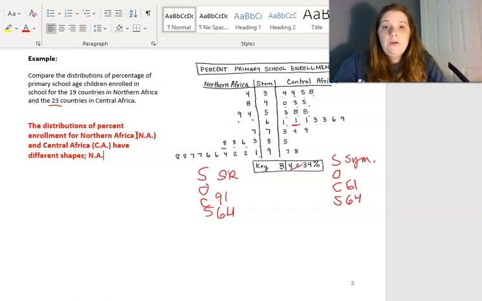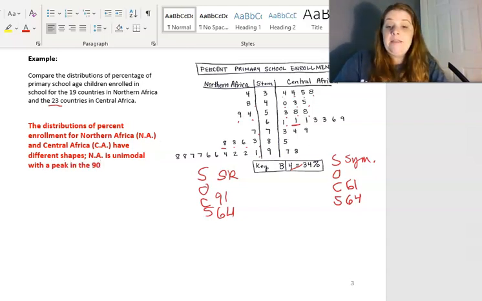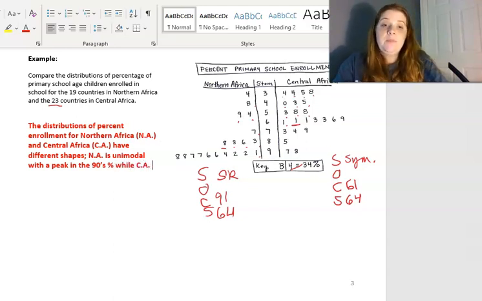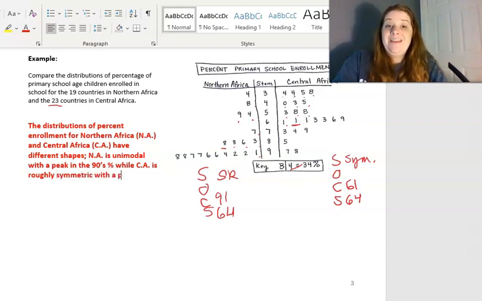Have different shapes. Northern Africa is unimodal with a peak in the 90s percent enrolled, while Central Africa is roughly symmetric, not very symmetric, but kind of close, roughly symmetric, with a peak in the 60s percent.